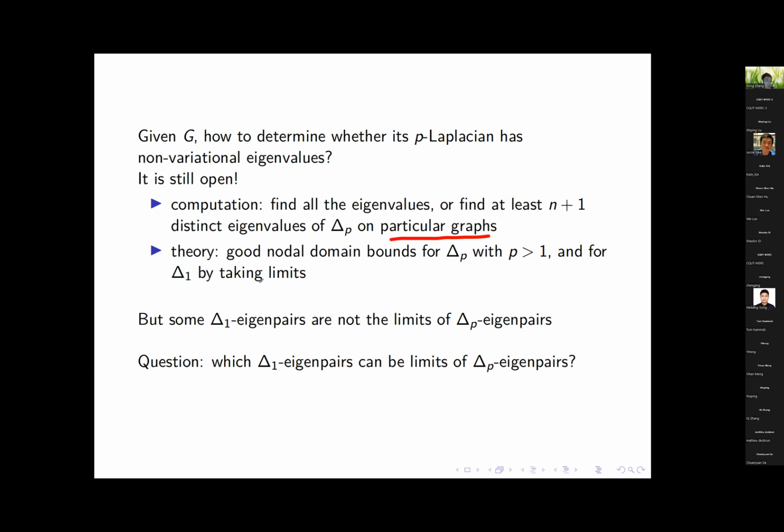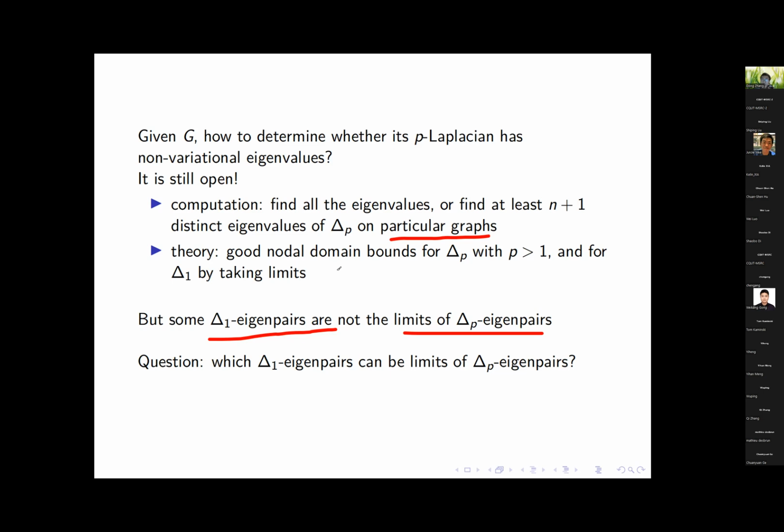But we know that some 1-Laplacian eigenpairs are not the limits of p-Laplacian eigenpairs. So a natural question is, which 1-Laplacian eigenpairs can be the limits of p-Laplacian eigenpairs? It may relate to the stability of eigenvalues of the p-Laplacian with respect to p.